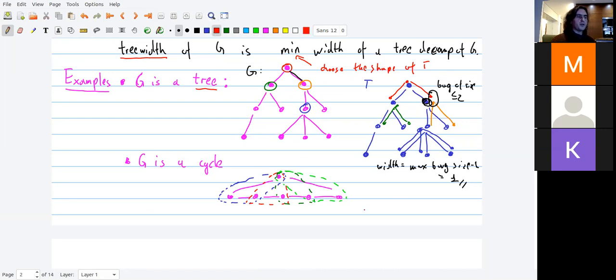So you see that the bags sort of sweep the graph from left to right. So in terms of the tree decomposition, this corresponds to a tree decomposition being a path, yes, where every vertex is being smeared onto one or two consecutive nodes.